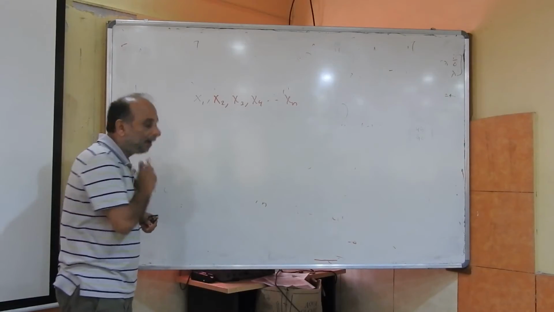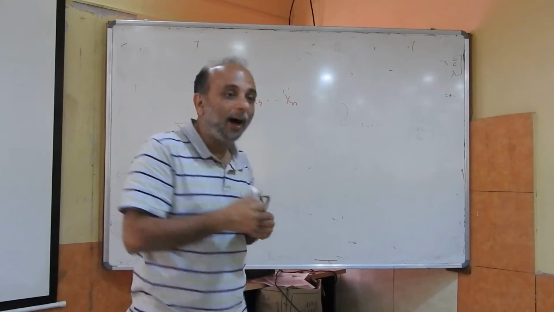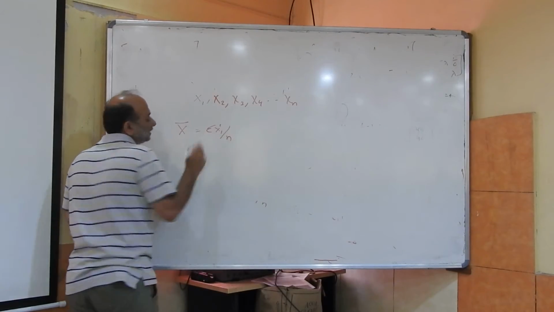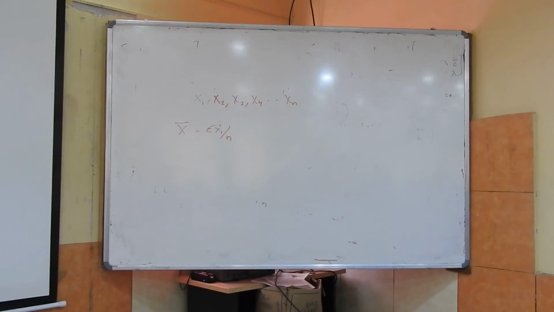Now, everybody understands why x bar, which is summation xi upon n, is a random variable. Why? It is the mean of a randomly picked sample.